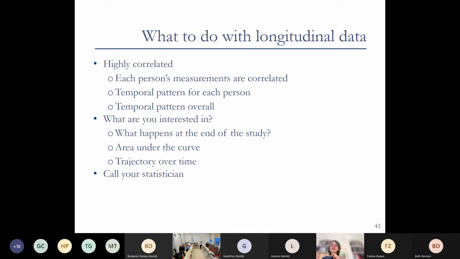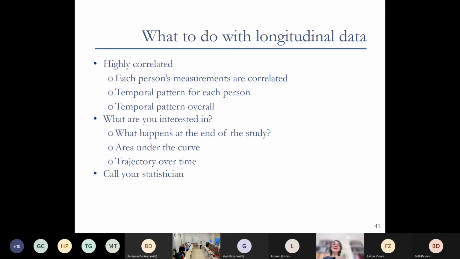Are you interested in what happens at the end of the study? Are you interested in the area under the curve? Are you interested in the trajectory over time? And these are all different. And I would say, while in those first examples that I gave, I think all of you can do your statistics by yourself, when you're dealing with longitudinal data, call one of us because they're really complicated.